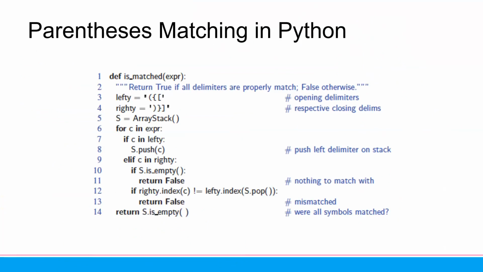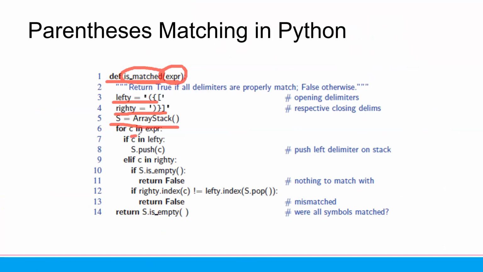This is the example that we can use in Python. This is a function is_matched, and then we have the expression. We define the left and we define the right. The book authors have made a new class, ArrayStack, that we looked at before, and then we want to make a list.